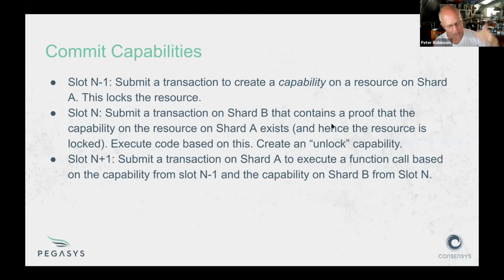And so then in the original shard, in the next slot, you can then submit another transaction to say, hey, a transaction's gone through on the other shard, which is unlocking our locked capability. So now we can do something else. And so the post was a little bit confusing, but I think that is actually what it was driving at.